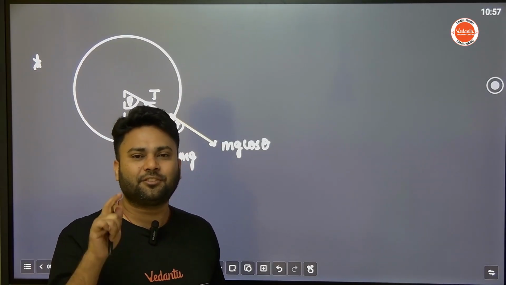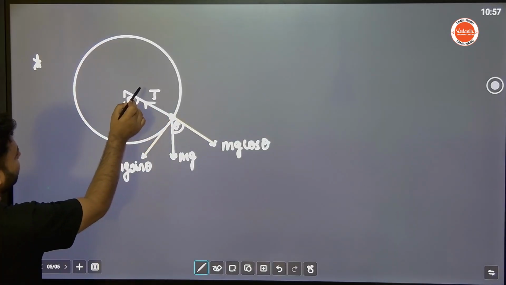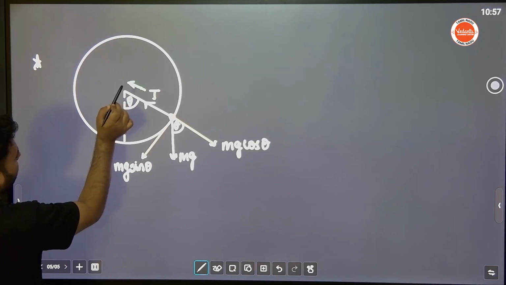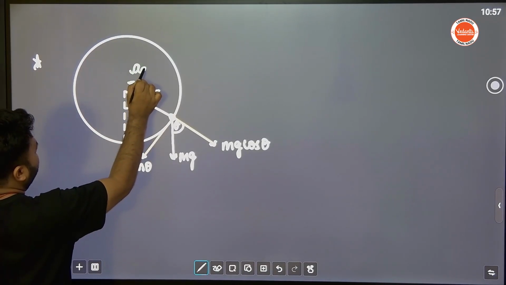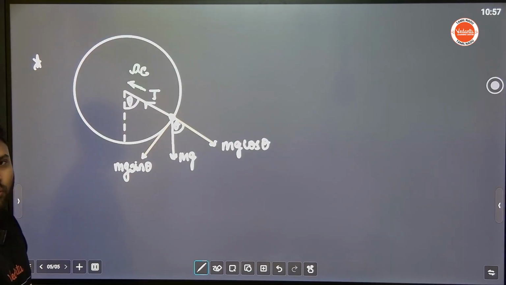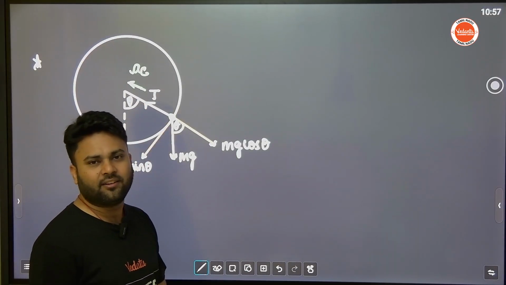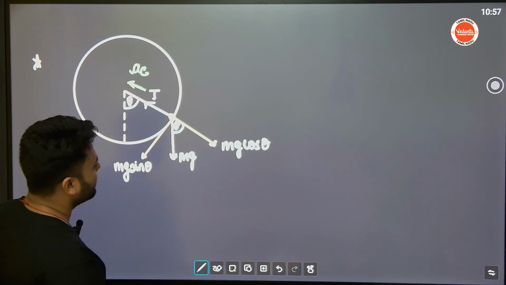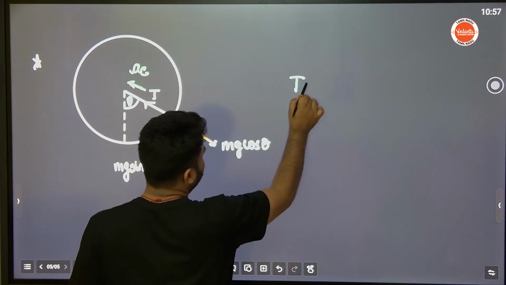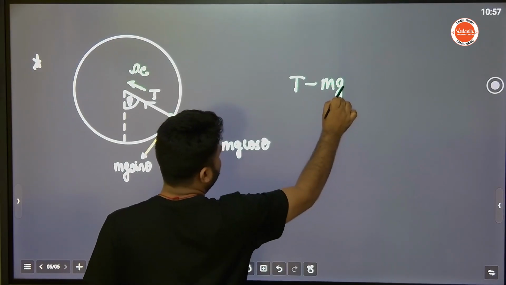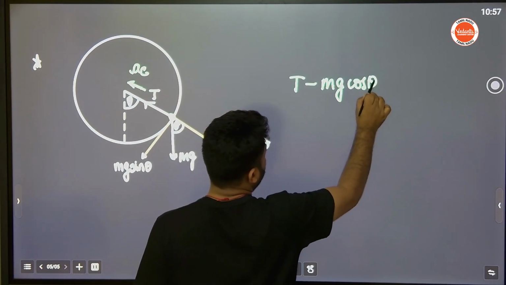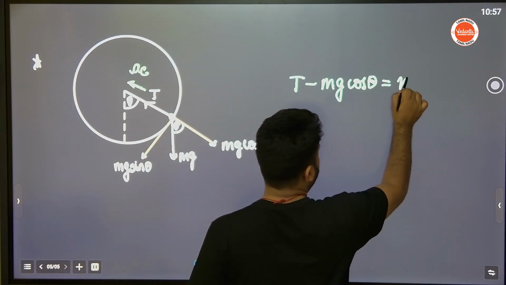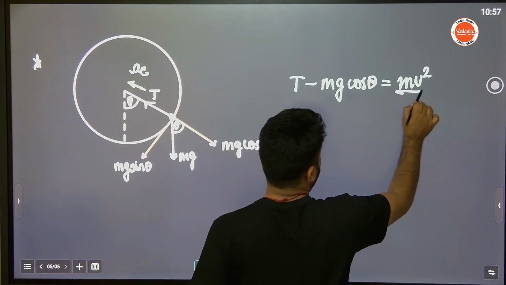Acceleration is towards the center, centripetal acceleration. So which is more, tension or mg cos theta? Definitely tension, because acceleration is in this direction. So net force, that is tension minus mg cos theta, equals mass into acceleration. Mass is m and acceleration is v square by r.